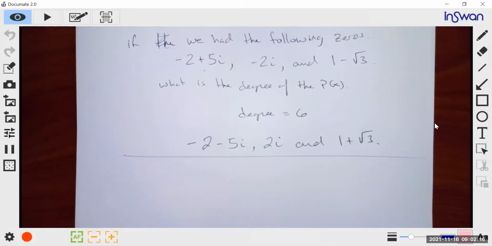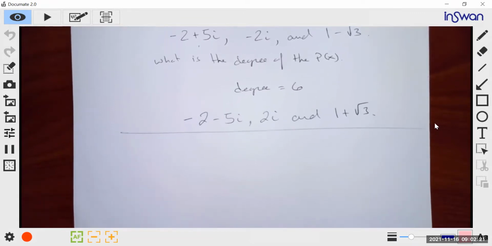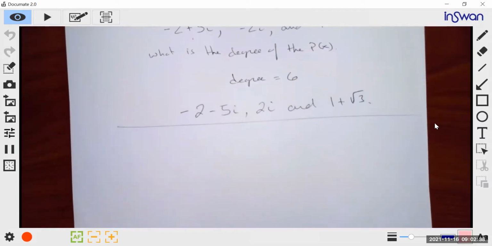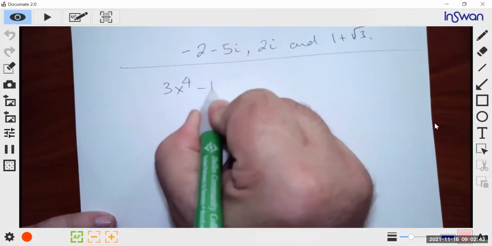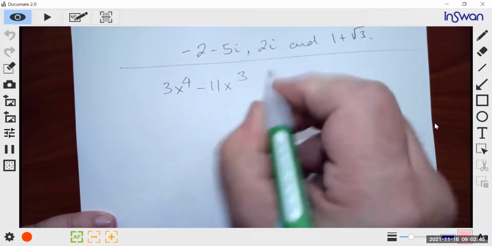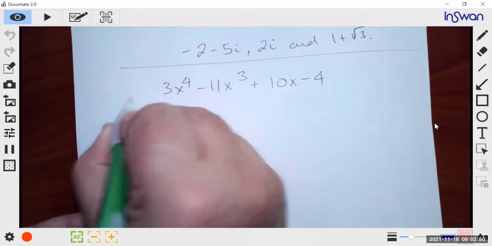So remember, our whole objective is to find what the factors, what the solutions of any polynomial are. How do we do that? Well, we find out what factors, what divides in there, what gives us a remainder of 0. Now, if I give you this equation, this is polynomial x.